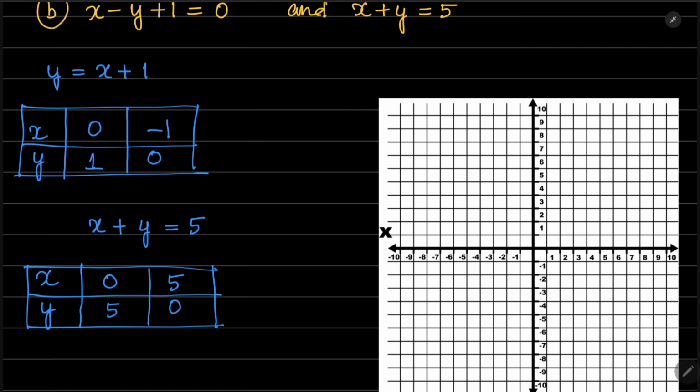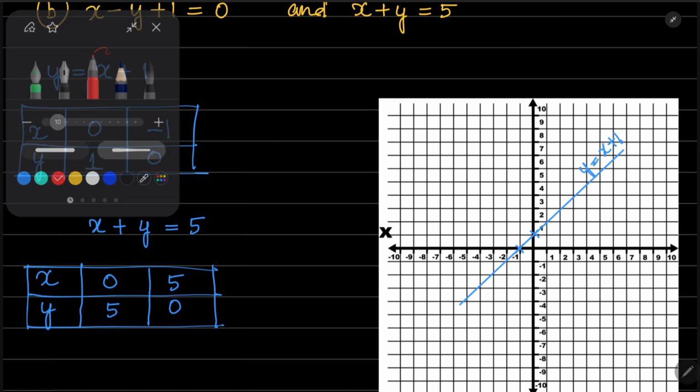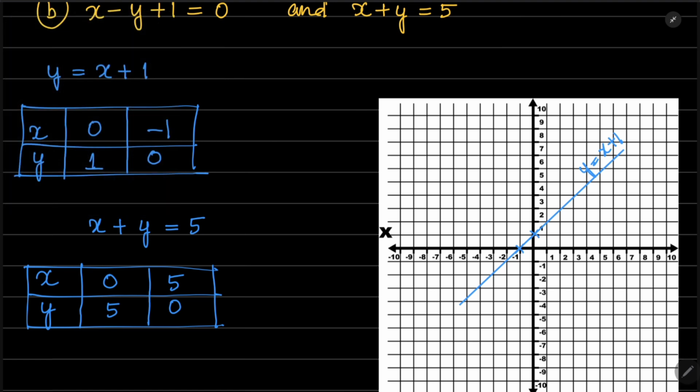The first one, for the first equation, 0, 1 is here. And the second one is minus 1, 0. This is the second point. So let's plot this. So this is your first equation. Let me write it here: y equal to x plus 1. Now for the second equation, 0, 5.